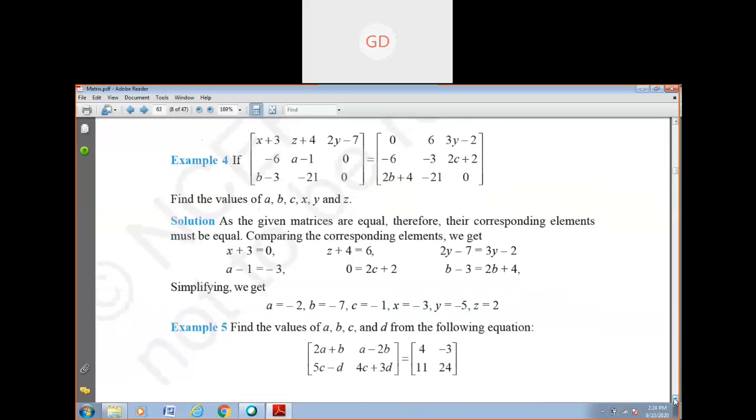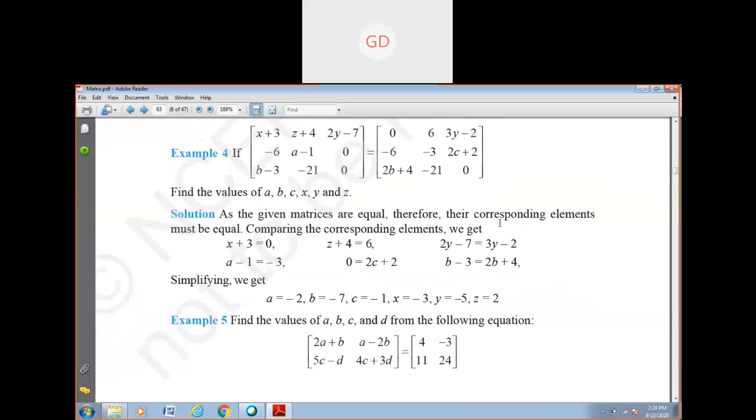Just a very basic numerical example. Here in this example, this is a matrix whose elements are small expressions in terms of variables and constants. In this matrix, if you observe, there are 3 rows and 3 columns, so the order is 3 by 3.